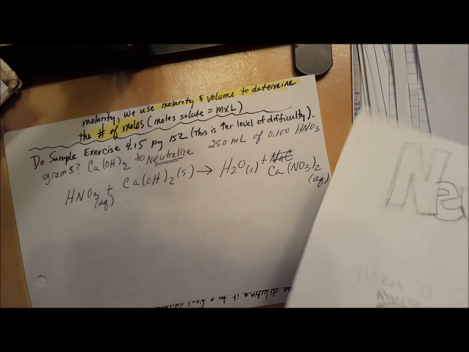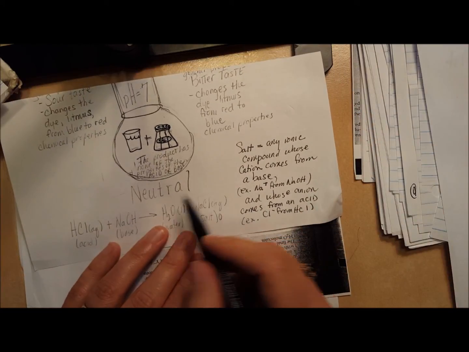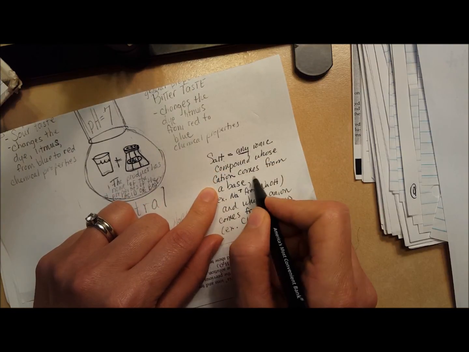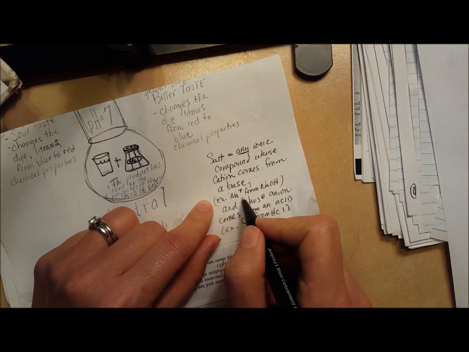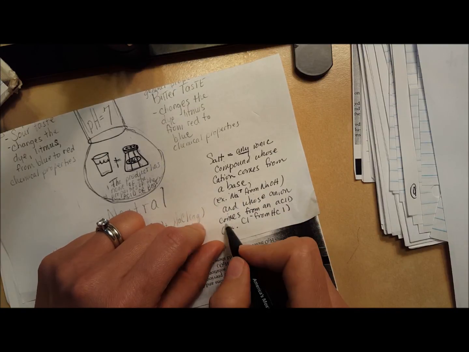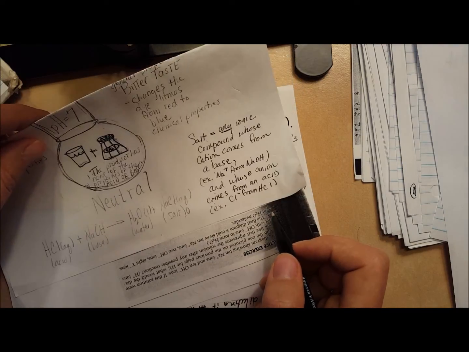And remember, in this case, I was thinking salt NaCl. In neutralization reactions, salts are any ionic compound whose cation comes from a base, example, sodium from sodium hydroxide, and whose anion comes from an acid. An example is hydrochloric acid.